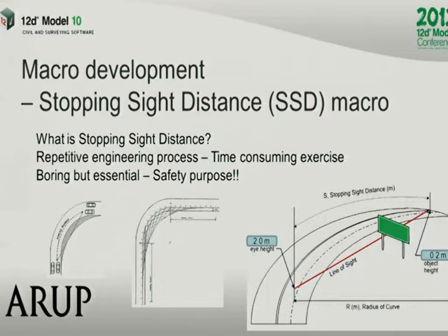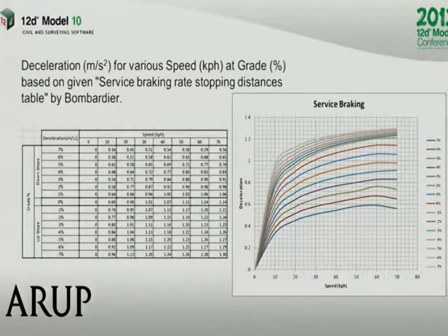I'm going to move on to show you a little bit on the development of the stopping sight distance macro. It is a really dynamic approach. It's very different to the standard sight stopping distance that's already built into the traditional 12D.